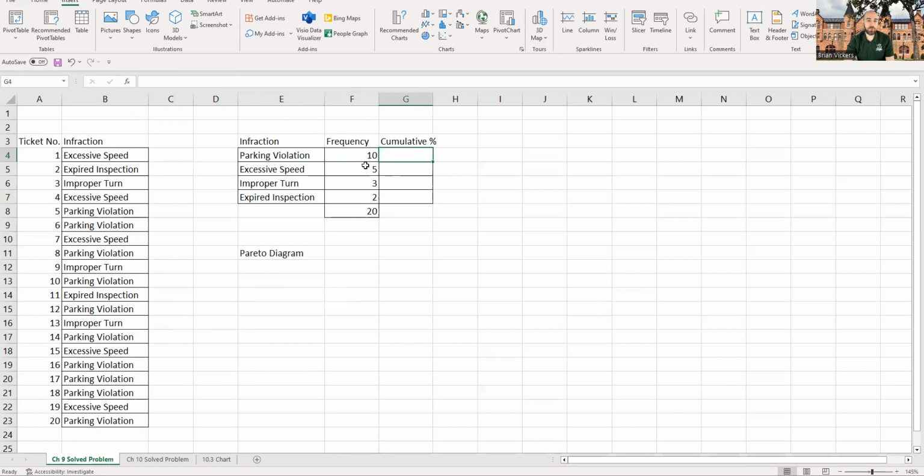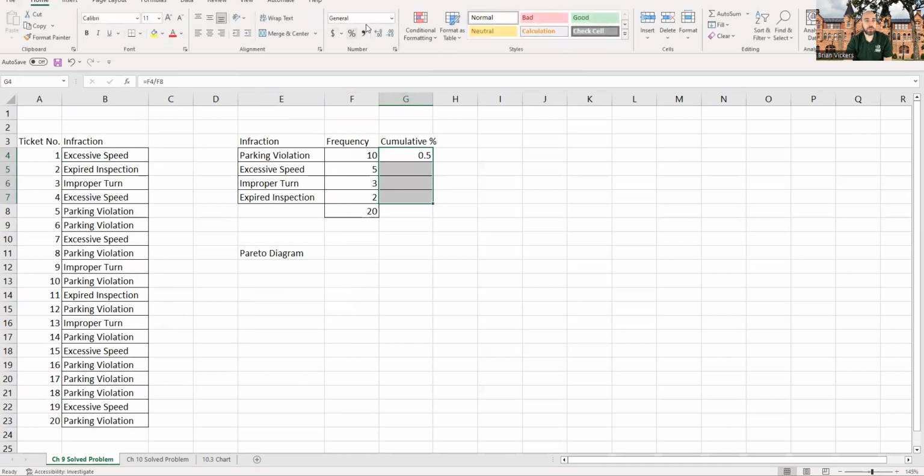Cumulative percentage, we have to start by looking at the percentage covered by parking violations, which is going to be this divided by this. And then we want to list these in percentage form, which yours should still just do by default. I just set up this form, so hadn't done the formatting yet. Cumulative percentage. So as we look at each infraction type, we're adding more and more percentage to it.